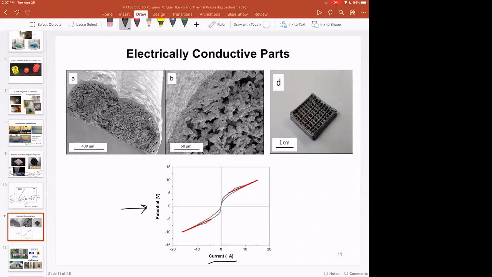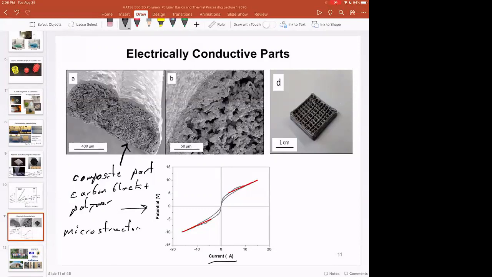But now this is a composite part, this one's carbon black plus polymer. And so we call this the microstructure of the composite.